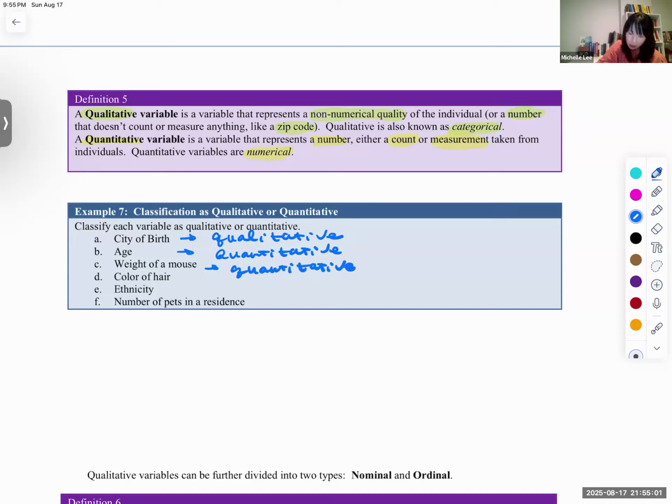Color of hair, qualitative. Ethnicity, qualitative. Number of pets, quantitative, right? Yeah, I did not make a mistake.